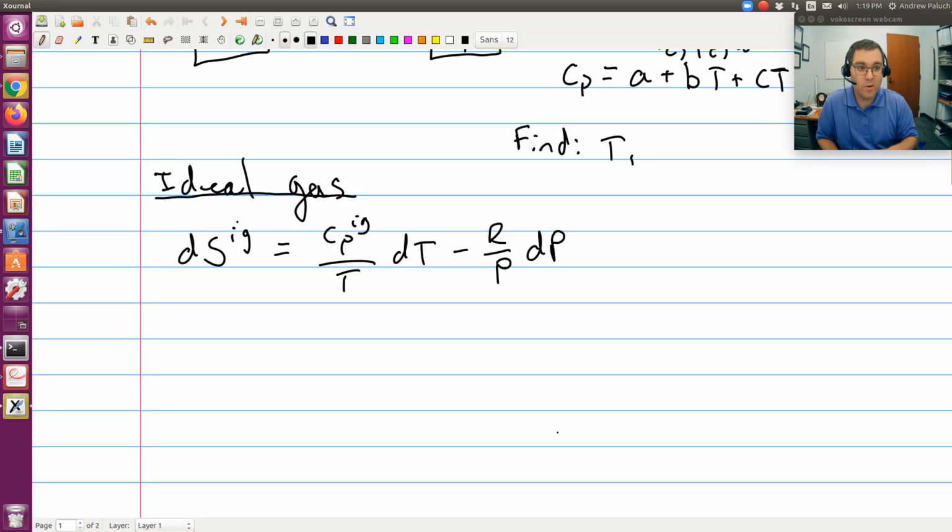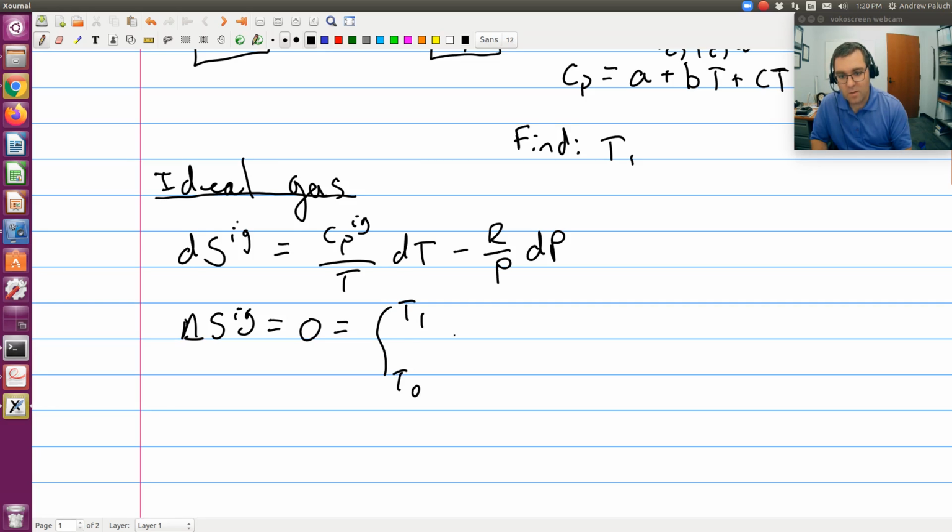So if I'm trying to solve for the final temperature, let's integrate this. Delta S, which is equal to 0, will be equal to the integral from T naught to T1 of Cp ideal gas over T dT minus the integral from P naught to P1 of R over P dP.